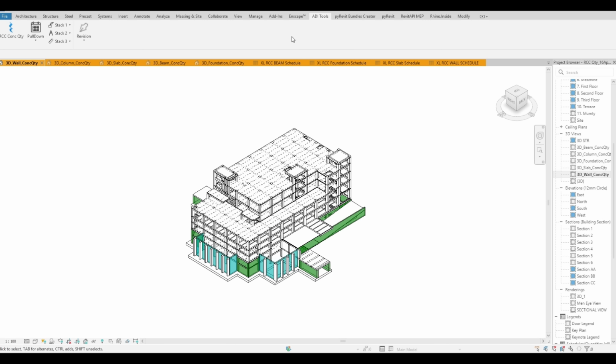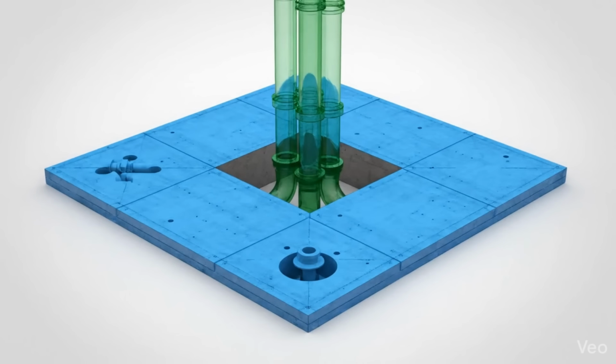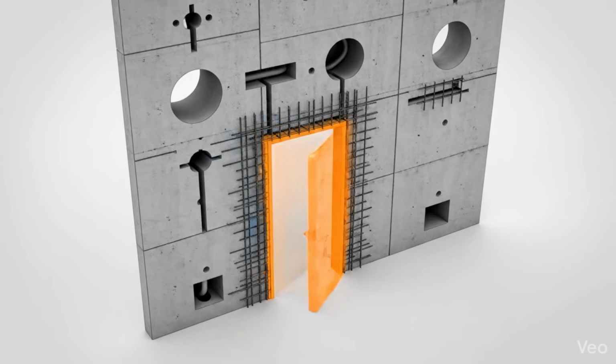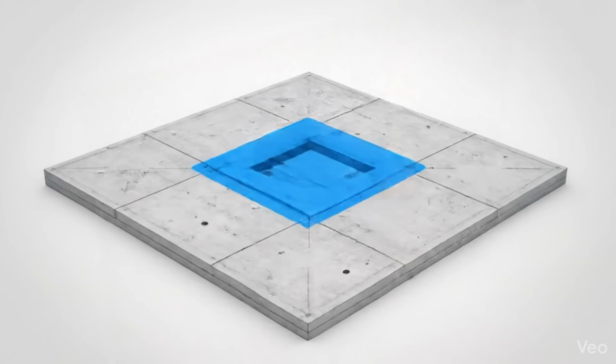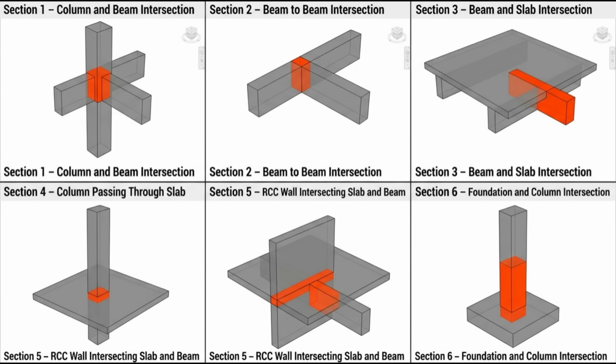This RCC Quantity Automation Framework demonstrates how custom BIM tools can bridge the gap between raw model data and real-world construction measurement requirements, by combining automated geometry analysis, structured quantity computation, visual verification tools, and structured Excel reporting. The workflow significantly improves accuracy, traceability, and efficiency in quantity takeoffs.